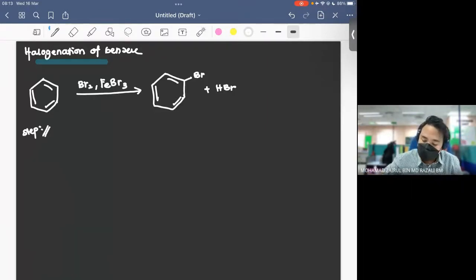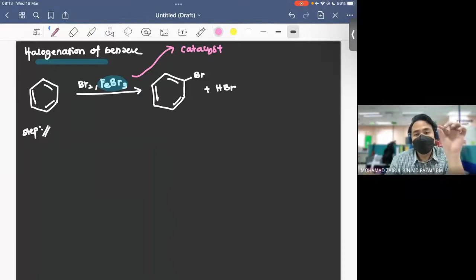Okay, macam kita tahu, the Lewis acid that we use during the reaction ni, it have two different purposes. Okay, the first purpose of the Lewis acid ni, it will act as a catalyst. So remember that anything that act as a catalyst, at the end of the reaction, dia akan regenerate balik. Maknanya FeBr3 tu, initially dia akan jadi benda lain.